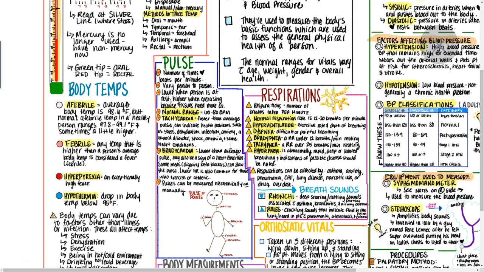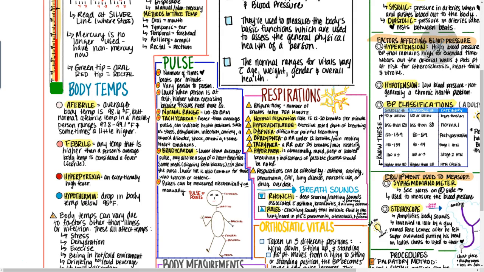Bradycardia is a lower than average pulse, and it may also be a sign of a heart condition. There are some meds, specifically digoxin and some beta blockers, that can slow the pulse down. Also, a lower heart rate is pretty common for those who exercise a lot or who are very athletic.